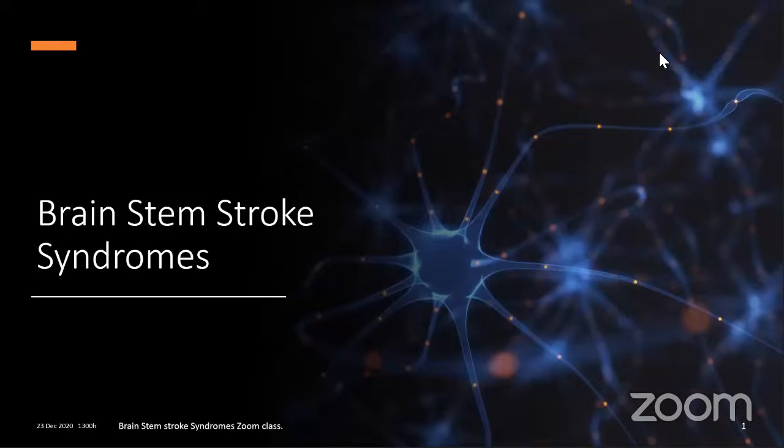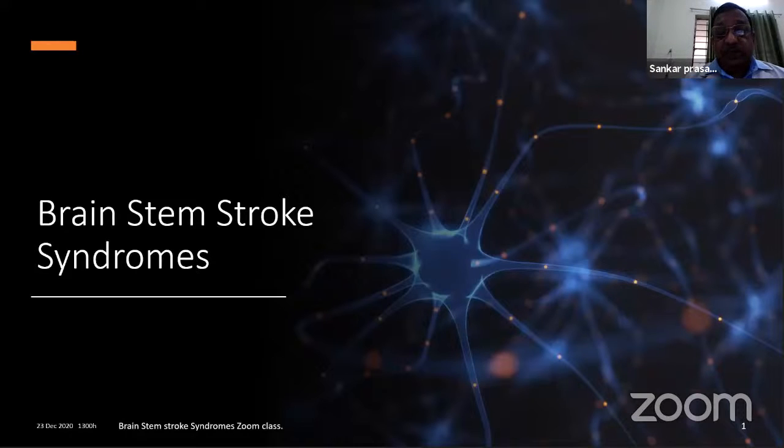Only the cell and dendrites they are seeing. Now are you seeing anything? No, sir. Only the first slide is there, that is the picture of the brainstem. After that this came, the rest is not seen.